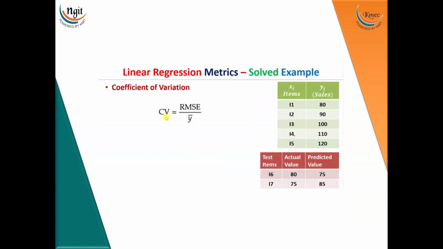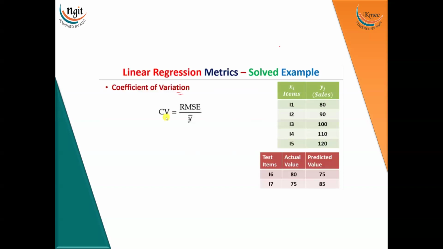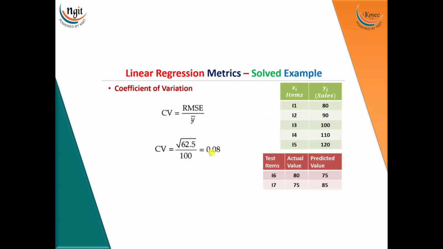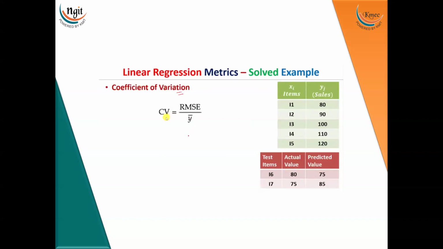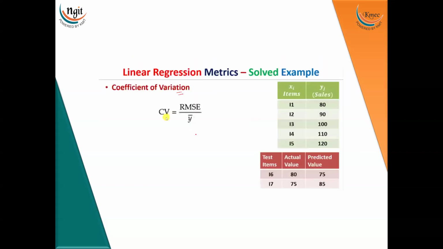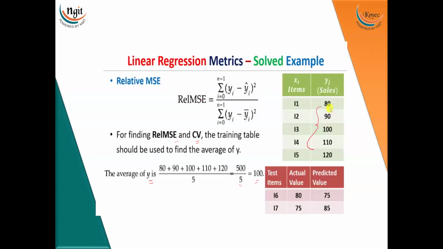Okay. Similarly, the coefficient of variation is nothing but the root mean square error divided by y bar. We know that y bar is 100. Sorry, this is not the relative mean square error, it is the root mean square error.